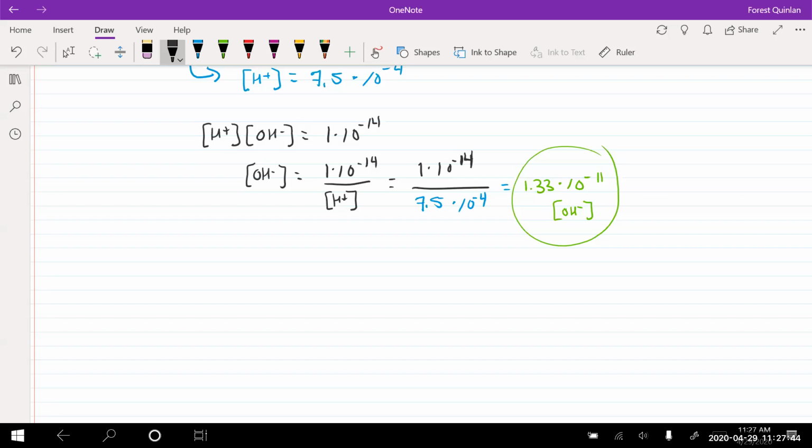And so if you have 0.133 times 10 to the negative 10, when you move that decimal over, this now becomes 11. And why did we move it over? Because you always write number point.